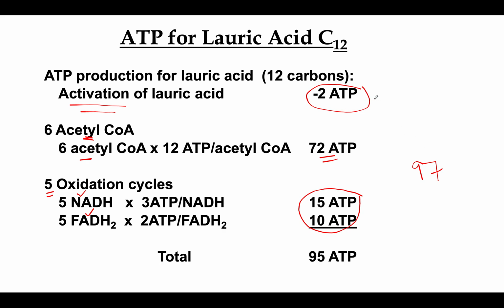However, I have used 2 ATP in the activation phase, so the net gain of ATP in the process will be 95. So I will cross this out not to confuse you, and write here net gain. Total, of course, is 97, 72 plus 25.